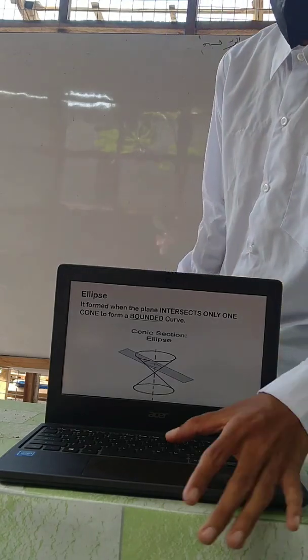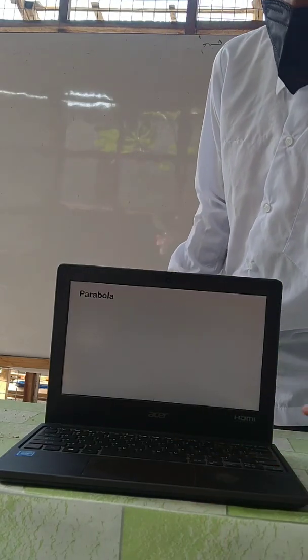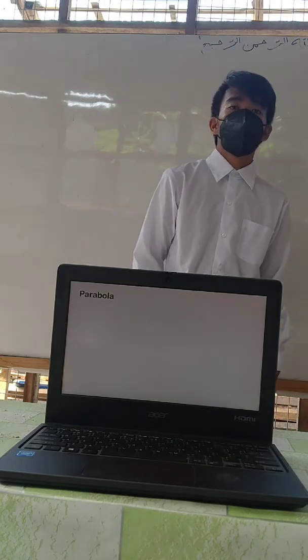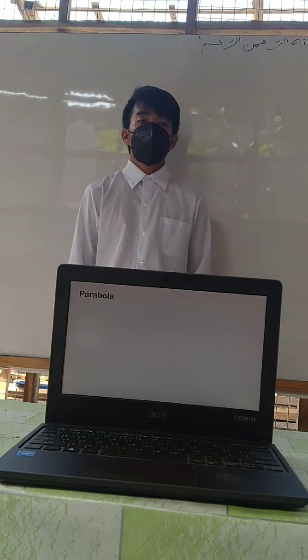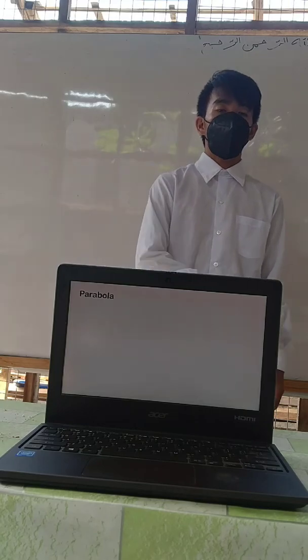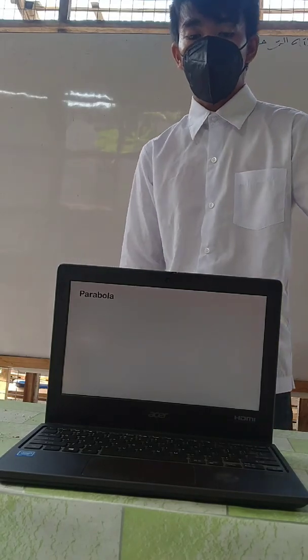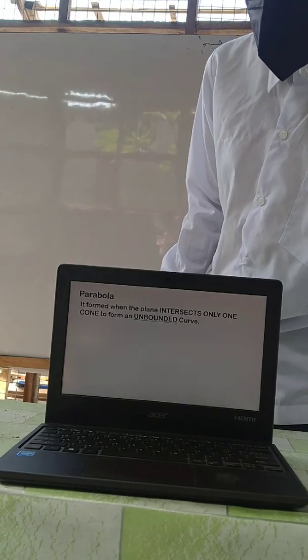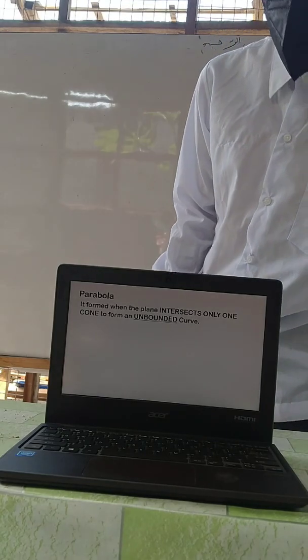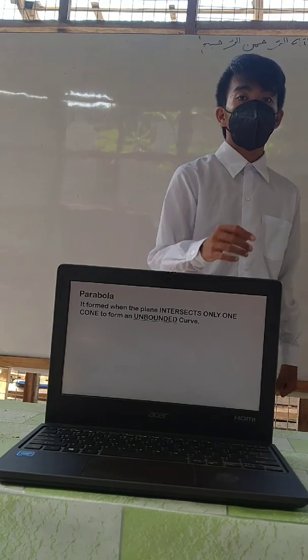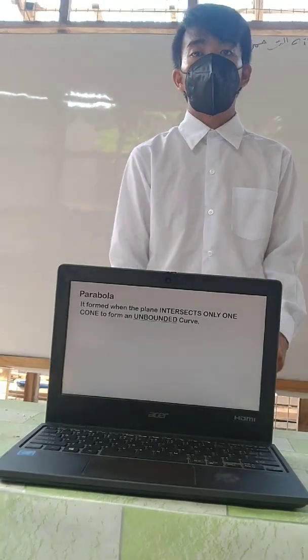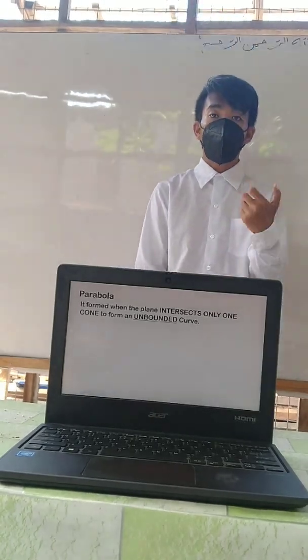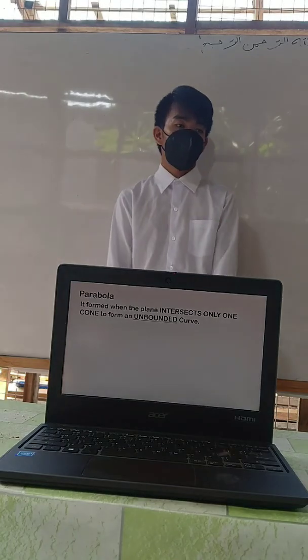Then the third type of conic section is parabola. What is parabola? Parabola is formed when the plane intersects only one cone and it forms an unbounded curve.